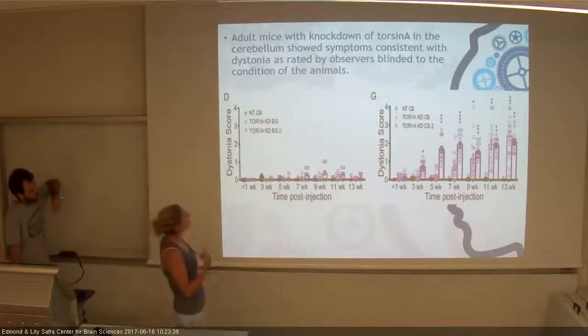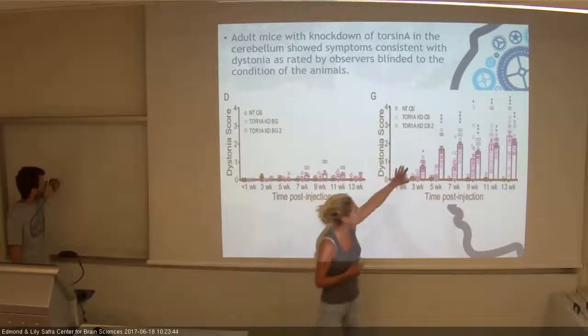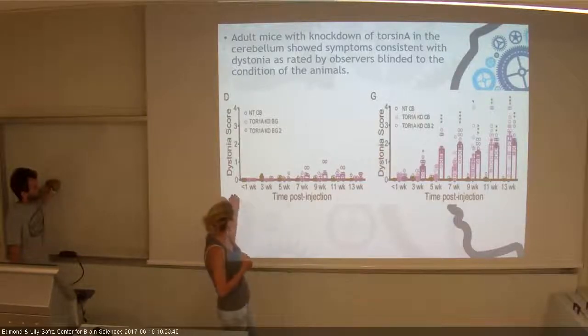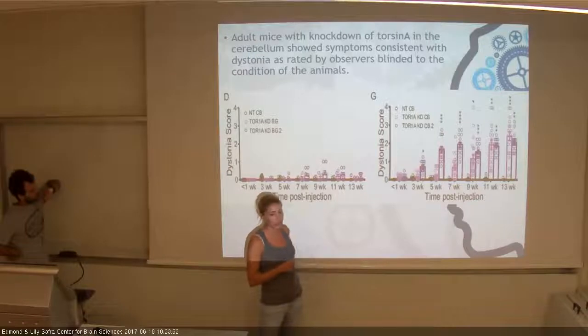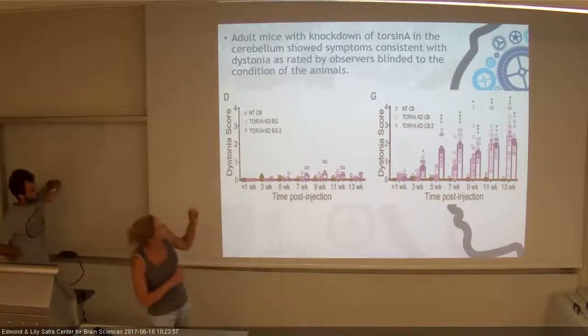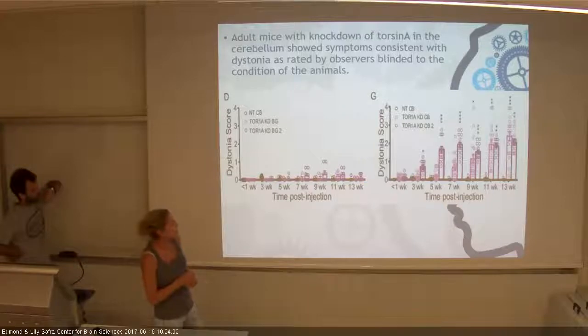So basically, as I said, they targeted both the basal ganglia and the cerebellum with tyrosine A, and they checked up to 13 weeks after the injection of the short RNA. Yes, they targeted it with the short RNA, which silences the gene.